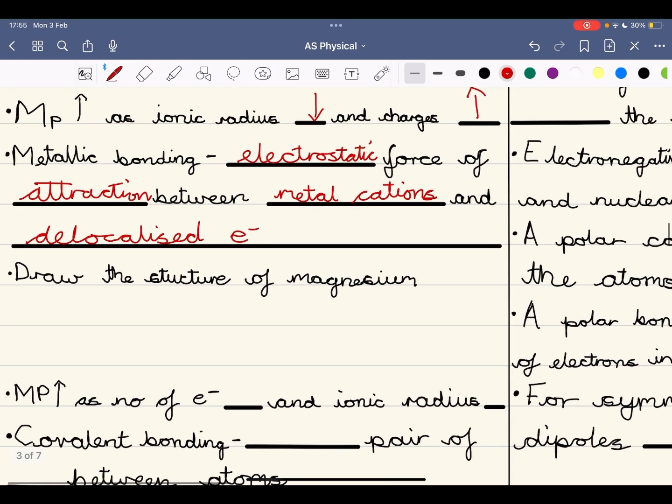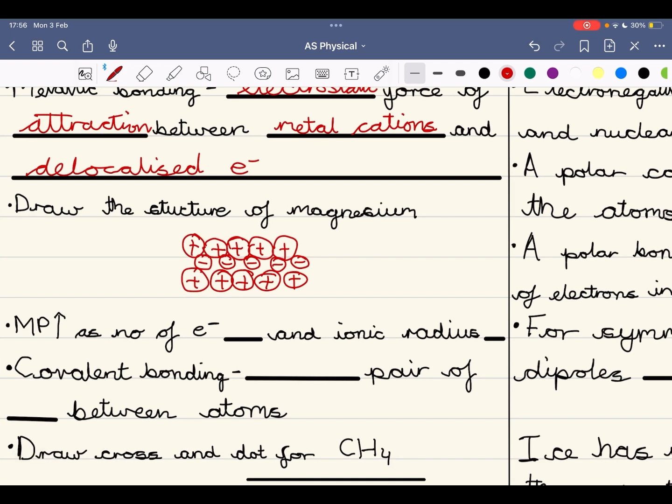So if we're asked to draw the structure of magnesium, we have big positive metal ions, and then we have electrons floating about, and these are all delocalized, so they don't belong to any certain atom. And then we have more positive metal ions. Right, so melting points for metallic structures increase as the number of electrons increases and the ionic radius decreases.